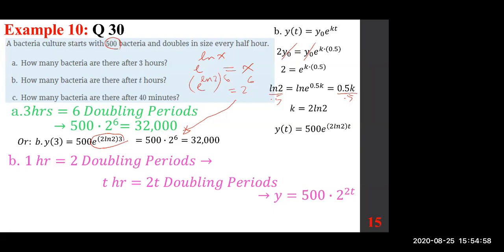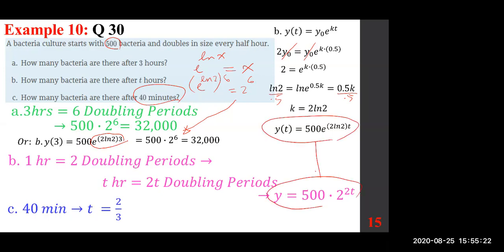And for part C, now you have two choices. 40 minutes is 40 divided by 60 hours, or 2/3, okay? And so you can put that into any of these equations. So you can use this equation, or you can use this equation, either one, and put t equals 2/3.